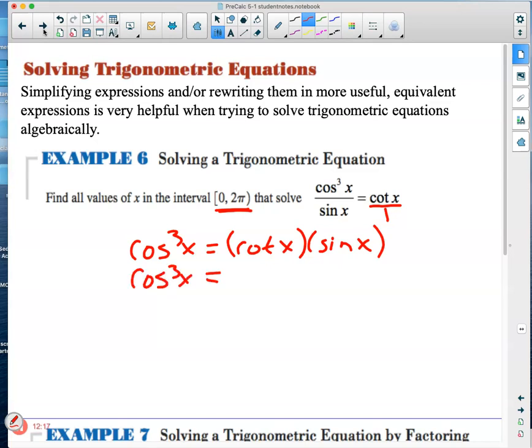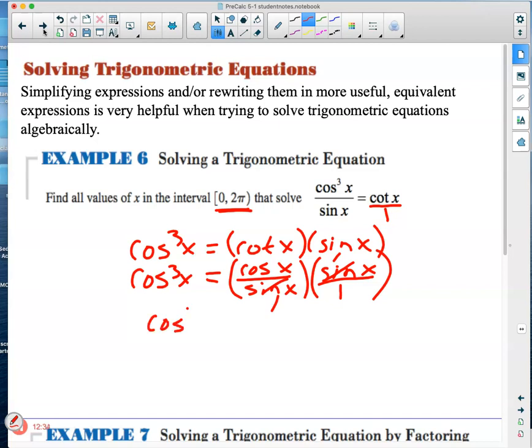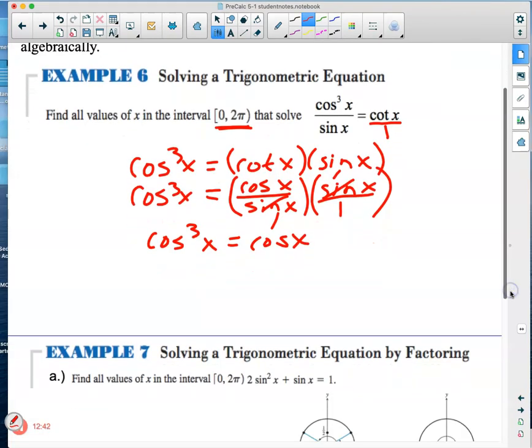That's because I have cotangent, which is a secondary trig function, and cotangent is cosine of x over sine of x. And I have to multiply that by sine of x, and I realize, well, sine of x is going to cancel out. So this is really going to be cosine cubed x equals cosine of x. But what I really am looking forward to is being able to factor, because I have that cosine cubed of x.